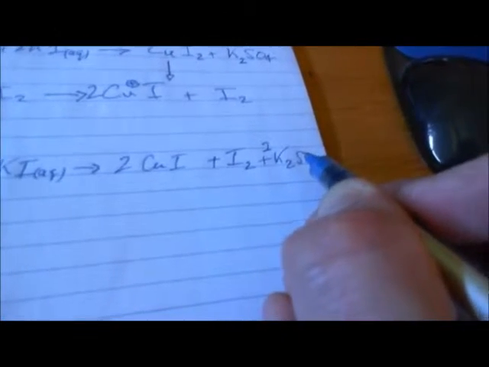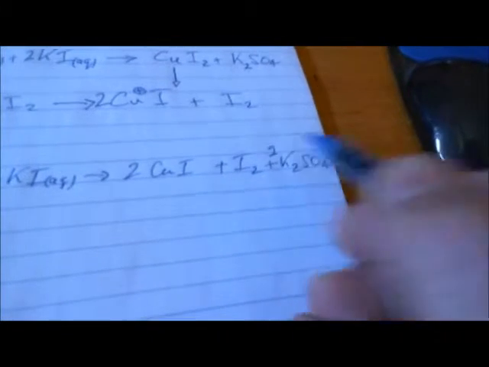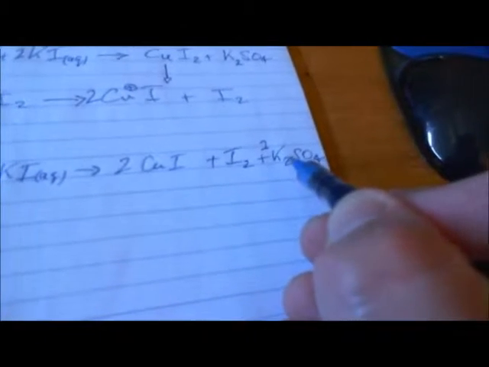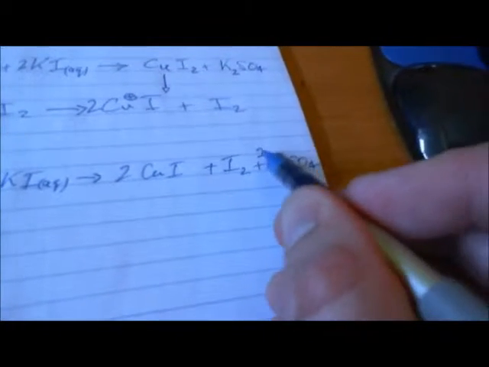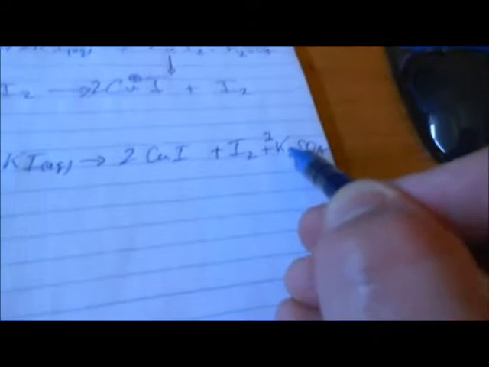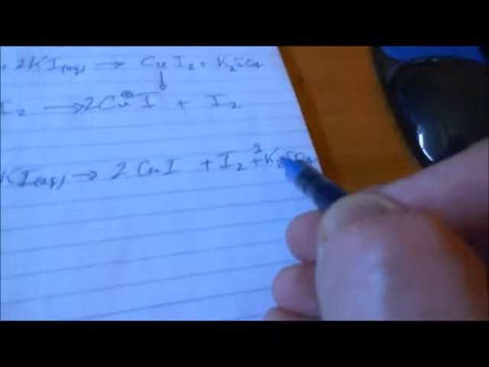You see that? Having done that, I've got 2 and 2, so 4 potassiums. That has a knock-on effect, so I come back to here and I have to multiply that by 2. So I'm going to change that into a 4.